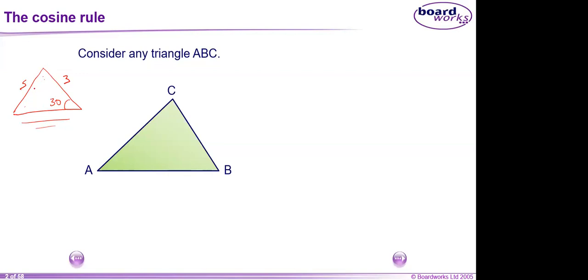So the only way to do it is through using the cosine rule, or what we shall use, the sine rule. So in order for us to be able to calculate the length and the angle is where we apply the cosine rule.